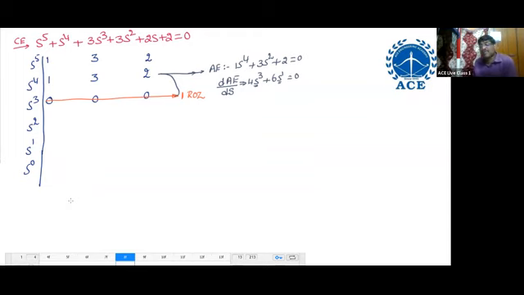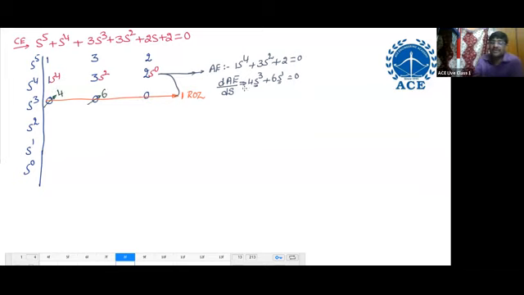So this is by the procedure. But the simple logic is this: this is s power 4, this is s square, this is s power 0. Replace the 0 by just power into coefficient. 4 into 1, 4. 2 into 3, 6. 0 into 2, 0.